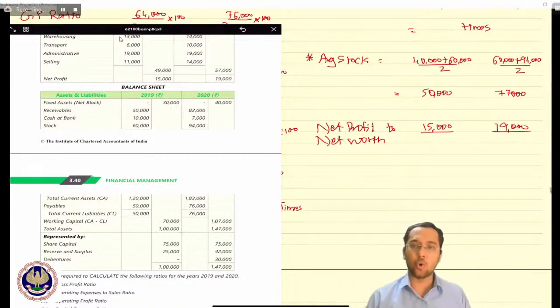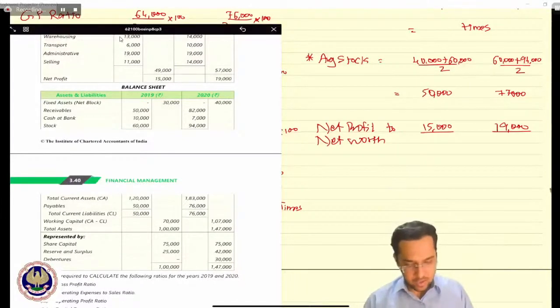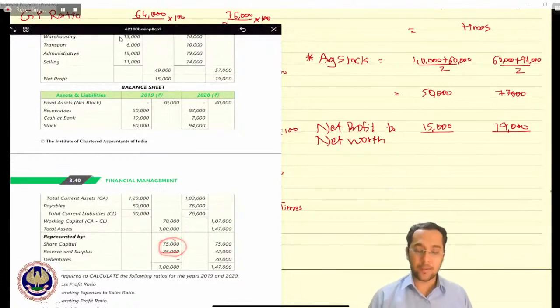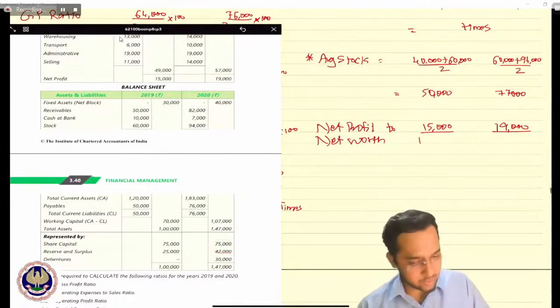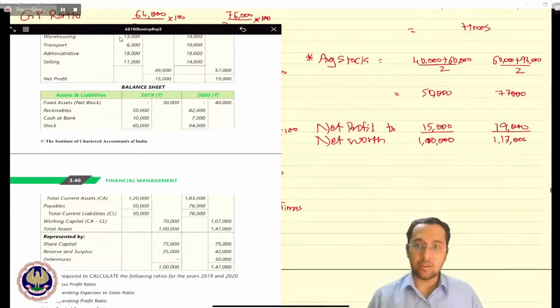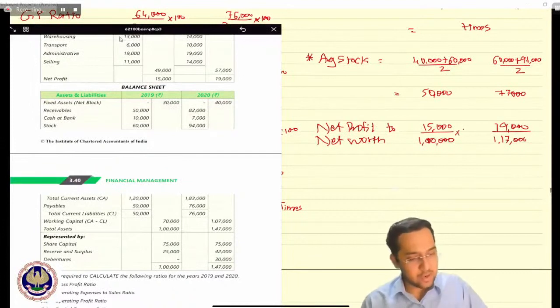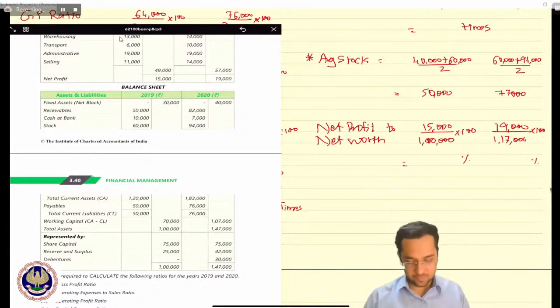Net worth is only the owner's fund. So owner's fund in this case is a total of 1 lakh. On the other side, the total of these two will be 1,17,000. This is divided by 1 lakh and 1,17,000. This particular ratio, net profit to net worth, typically they are talking of return on equity sort of thing. So both of them are going to be in percentages.